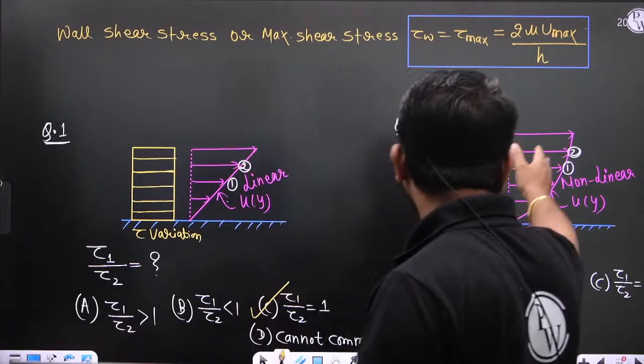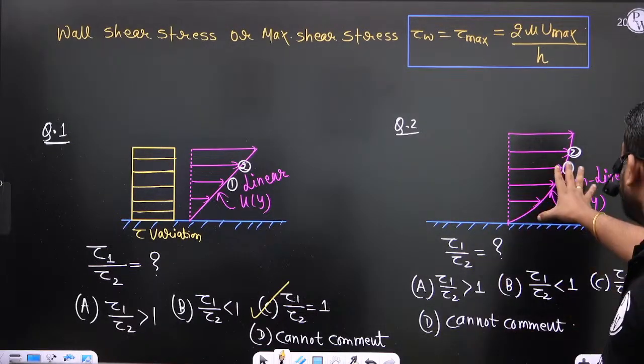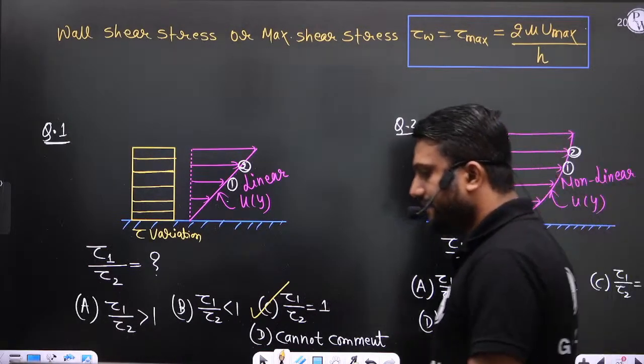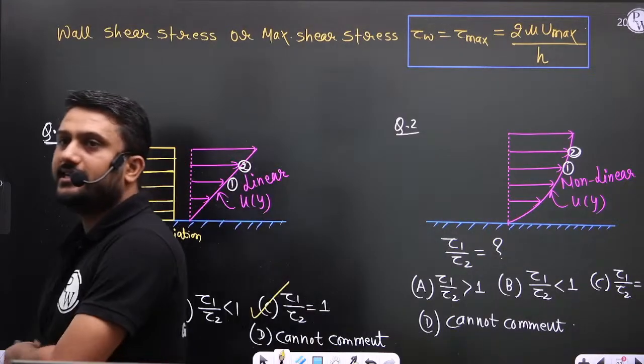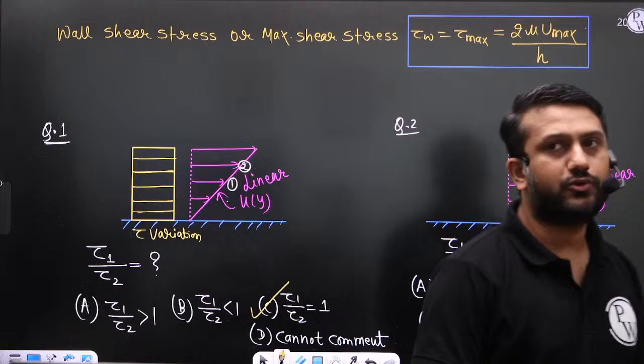Okay, now come to this part. See here, if the velocity profile is non-linear, then what is the ratio of tau 1 by tau 2?